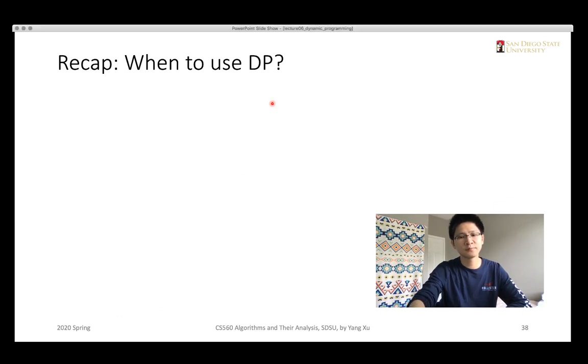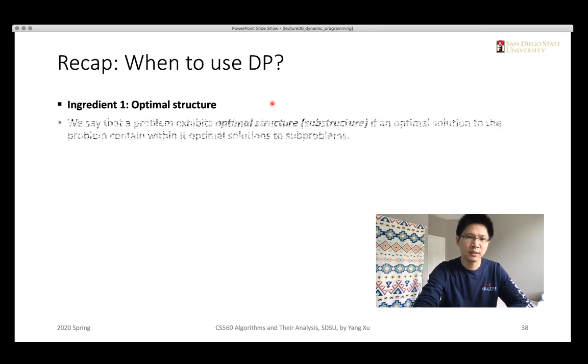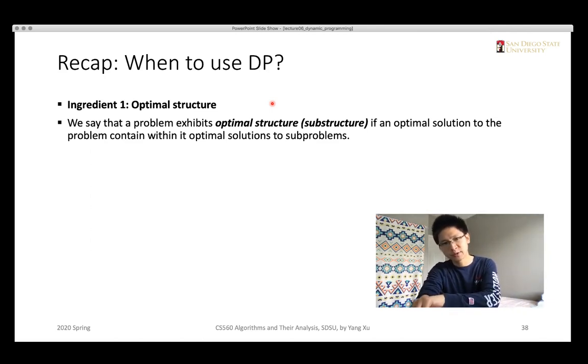First of all, the problem needs to show something called optimal substructure. The definition is provided in the slides and in the textbook, and it basically says that the optimal solution to the problem should contain the optimal solutions to the subproblems. It's similar to the requirements of divide and conquer algorithms.